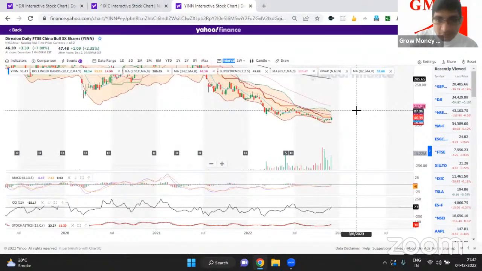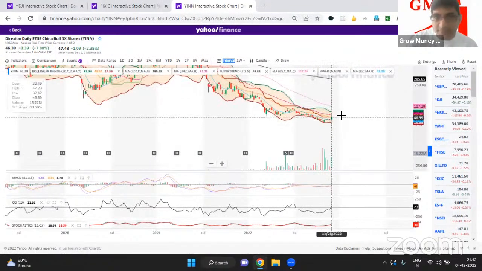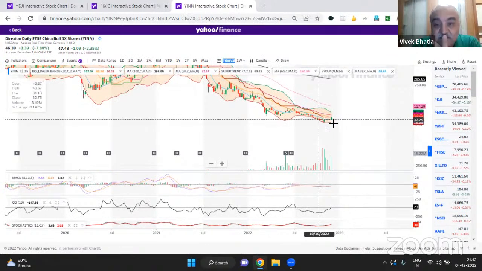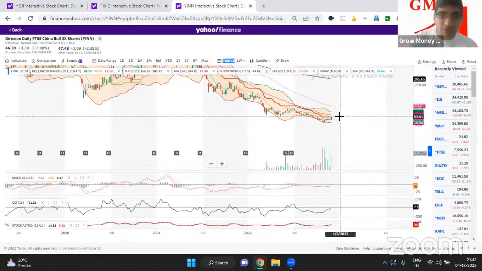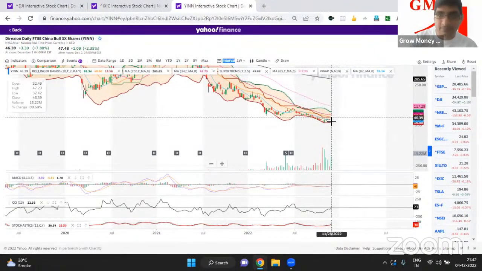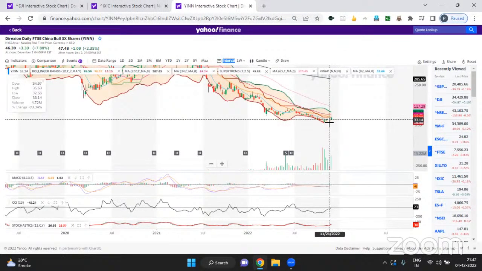Looks similar to the Nasdaq. Yes, but still weaker. Yeah, volume is way lesser. I think the volume on this one has increased since that news of protests came in.